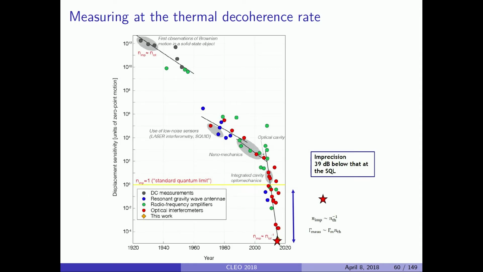This is a more historic survey plot showing displacement sensing over the last decades, starting all the way with the first observation of Brownian motion. So there are really micron scale displacements. And if you look at what happened over the last decades, there's this change of slope due to these optomechanical systems that are very precise in terms of their measurement ability and can operate in this region where you start to be quantum back action dominated.